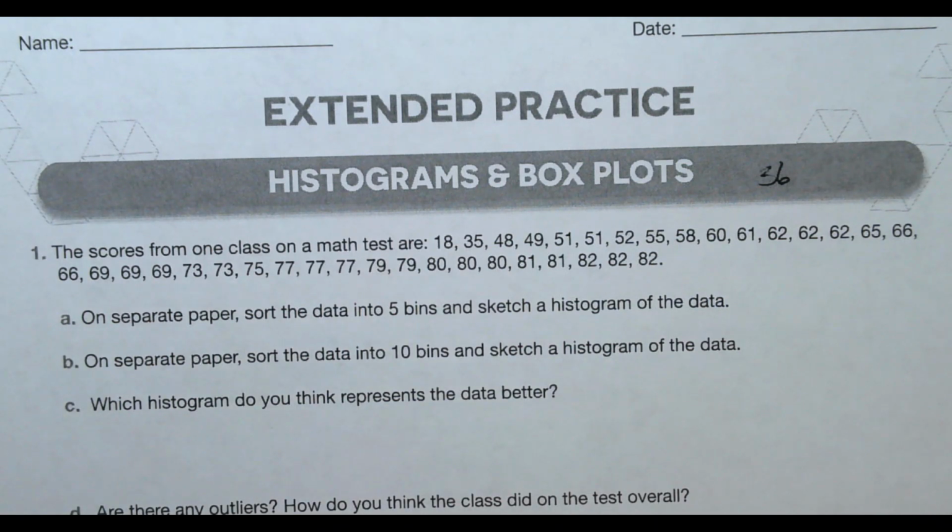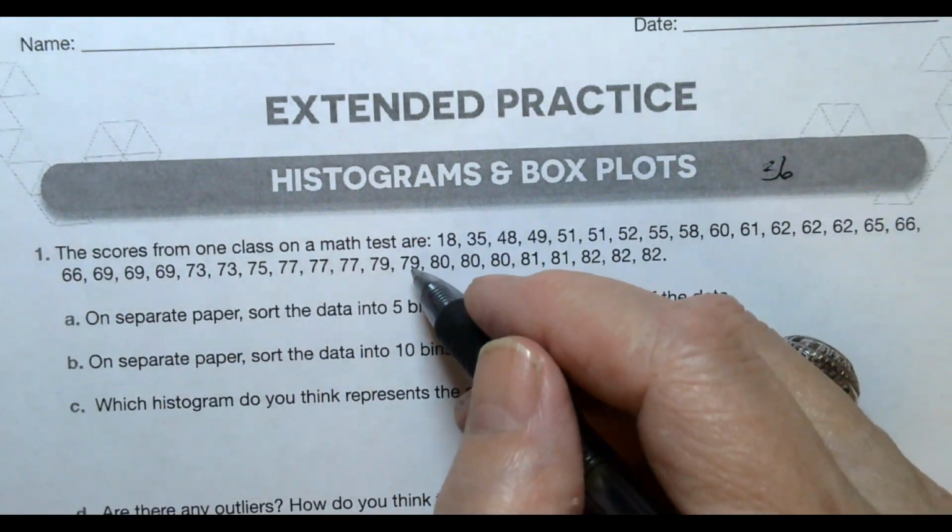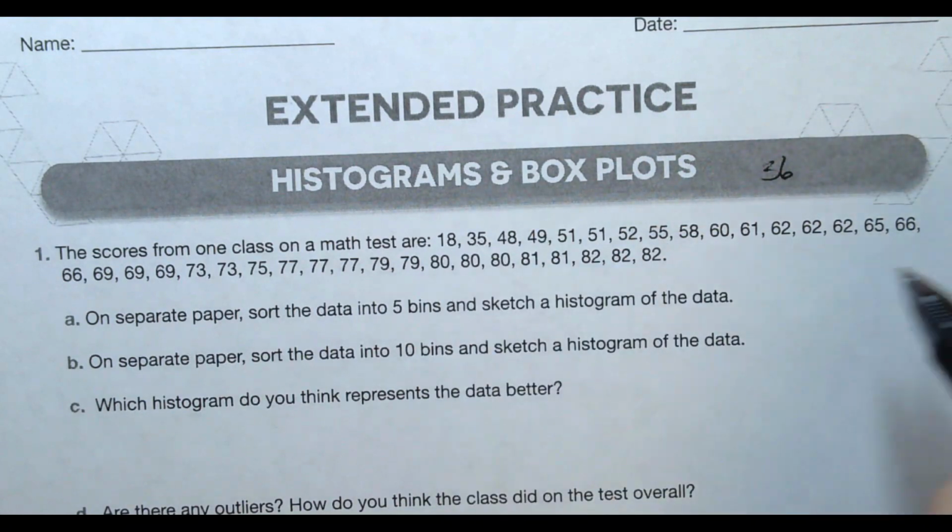So the first thing we need to do is divide this data. It says on a separate paper, sort the data into 5 bins and sketch a histogram of the data. If we have 5 bins and 36 pieces of data, that means we're going to have 7 in each bin, and one bin is going to have 8 in it rather than 7. This data is all in sequential order.